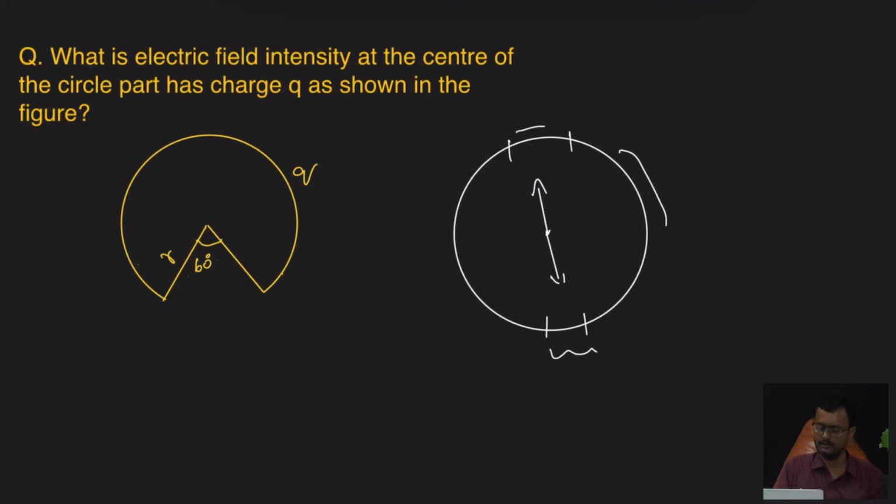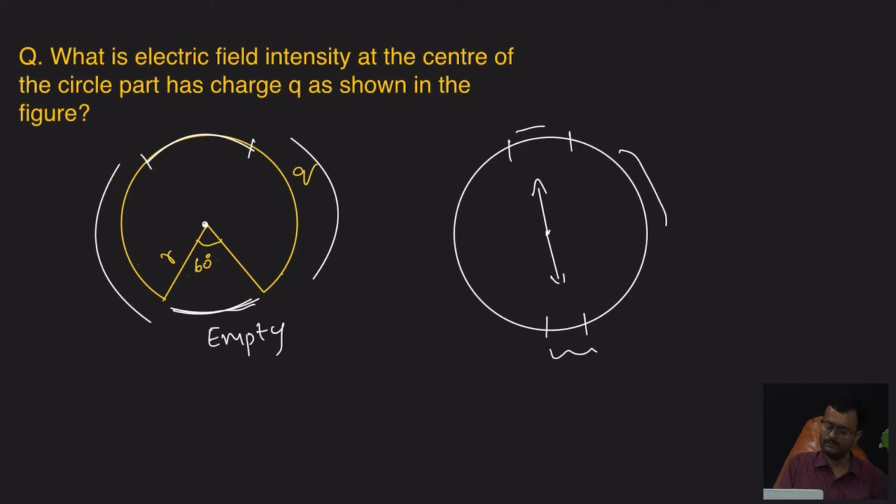But here this part is empty. It has an opposite part. So for the remaining parts, both are opposite with respect to the center. So due to these charges, the electric field intensities are in opposite directions, so the total resultant field is 0.